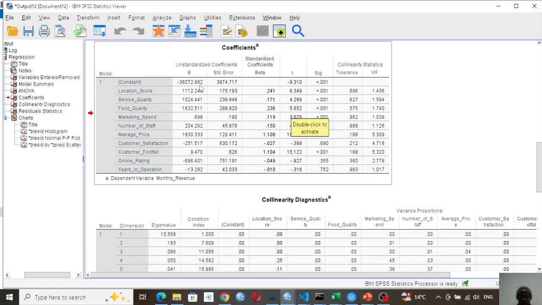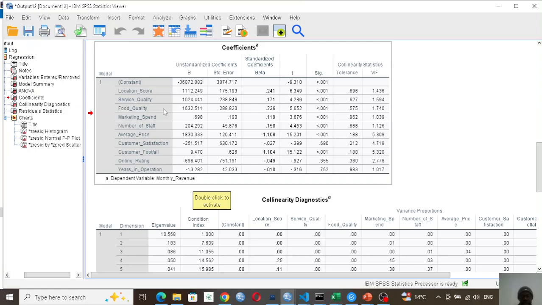That means if all these variables are 0, then we are going to have a loss, a debt of this amount in dollars. Assuming our service quality is increased by 1, our monthly revenue is likely to increase by $1,024.44.